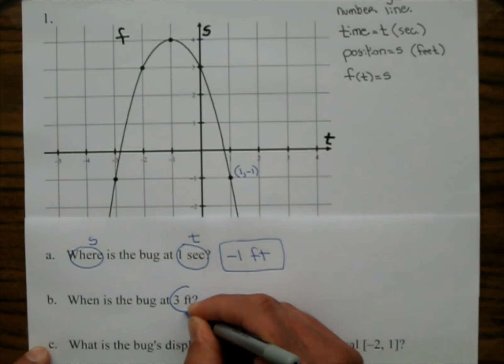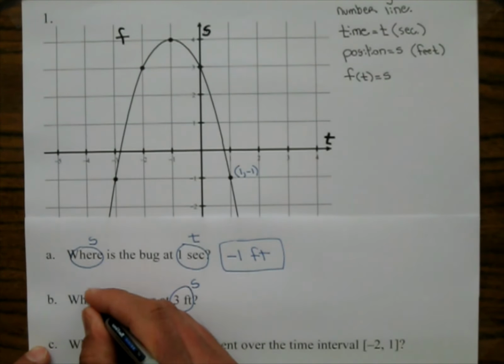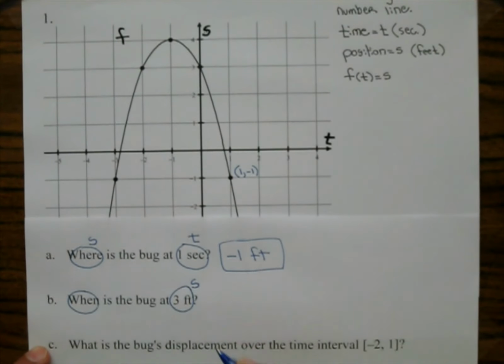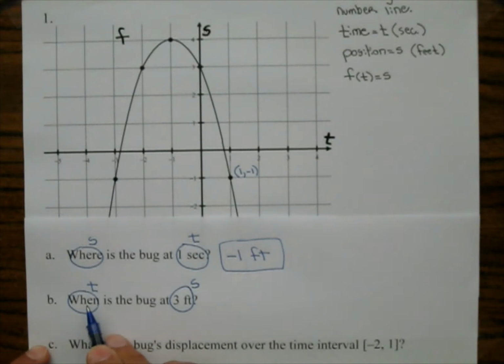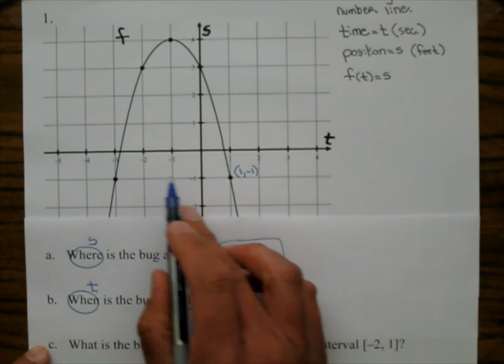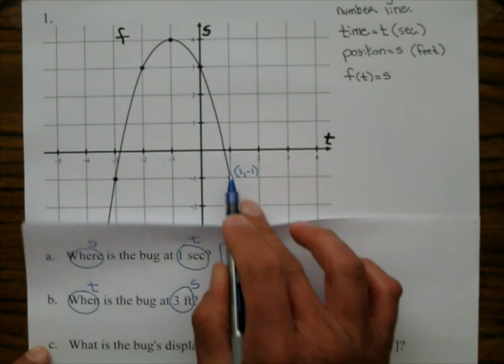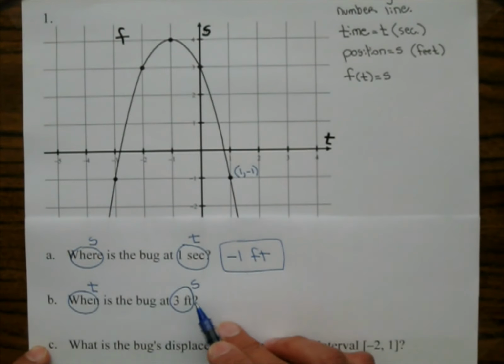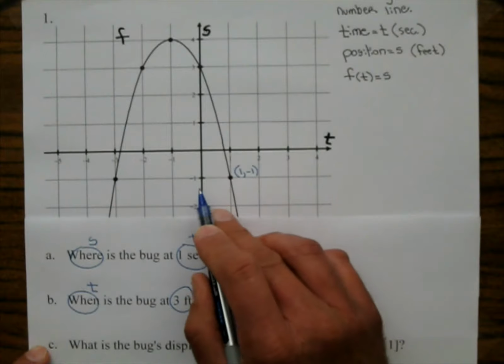Next question. When is the bug at 3 feet? So 3 feet happens to be an s value. And it says, when is the bug at 3 feet? That is t. We are looking for t when s is 3. So instead of going to the t-axis, like we did in the last one, and finding a value and looking for the function, we're going to go to the s-axis because they've given us that s is 3.